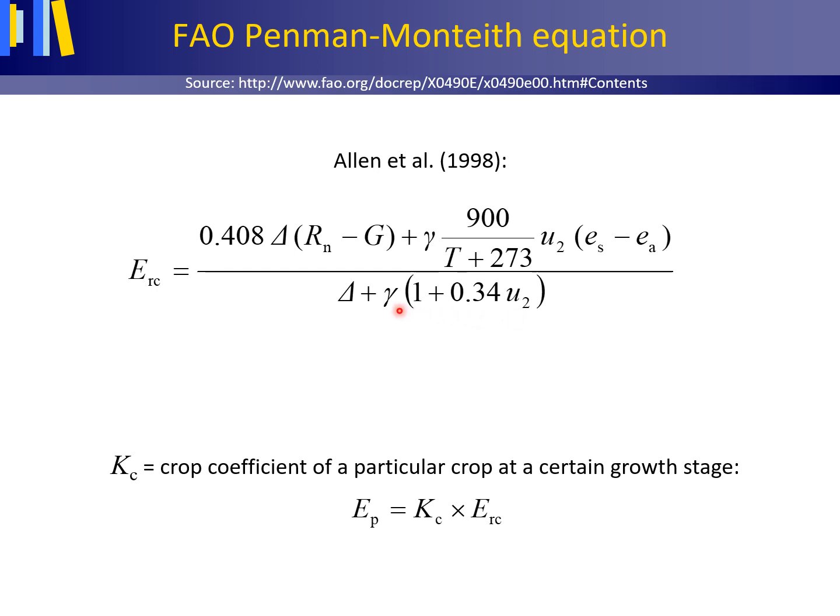Gamma here is the psychrometric constant and T is the air temperature in degrees Celsius.